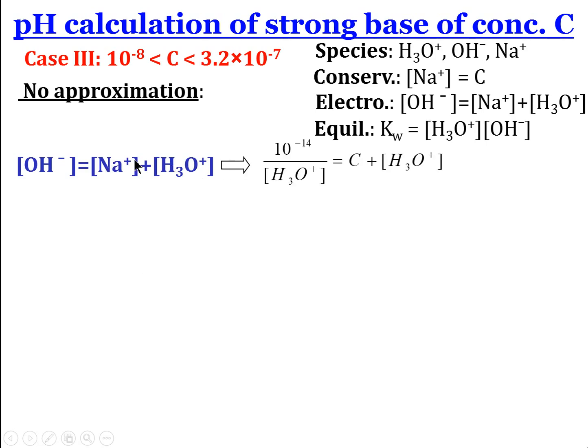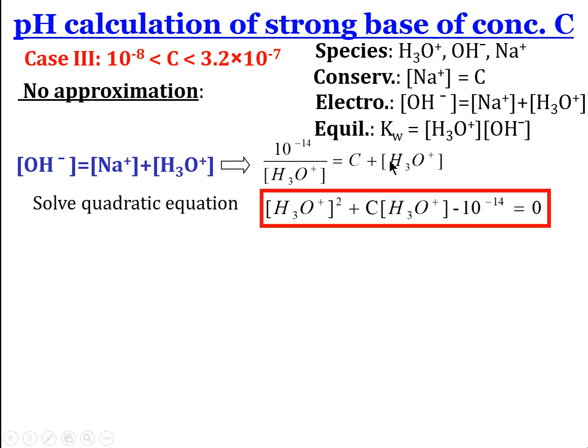So OH minus equals Kw over H3O+ equals Na+, which is equal to C, plus H3O+. In this case, we obtain a quadratic equation: H3O+ squared plus C H3O+ minus 10 minus 14 equal to 0.